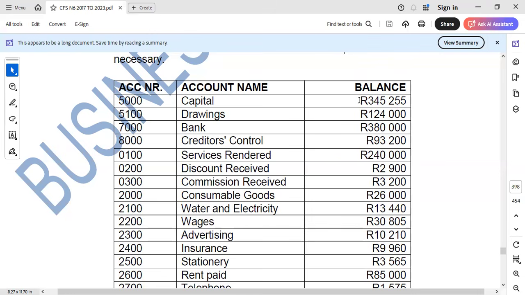Because the question papers, they will not tell you. It will just come like you see it's here in one column. So for you as a student, you need to know that capital is debited or is credited. Drawings, they are debited or they are credited. Bank is the same thing.